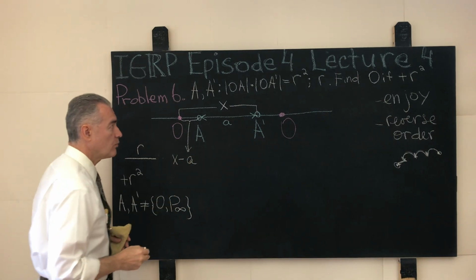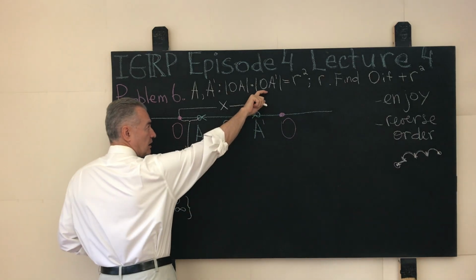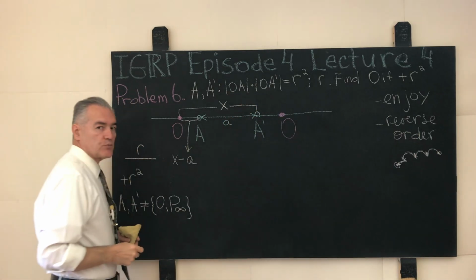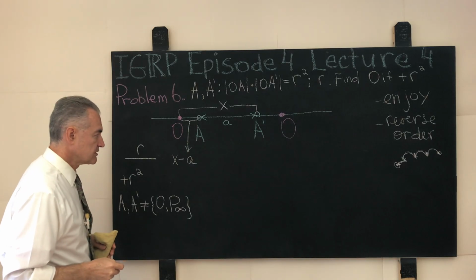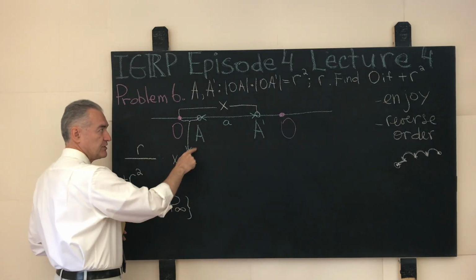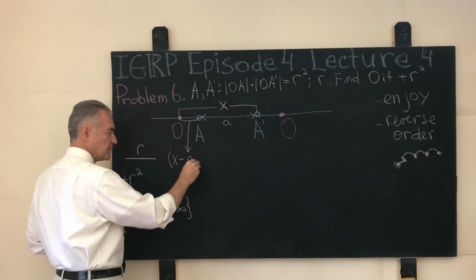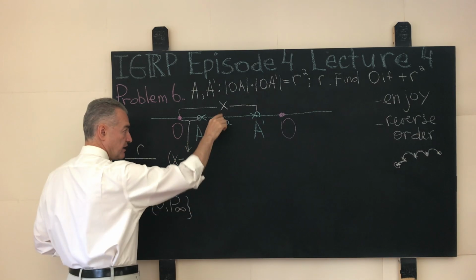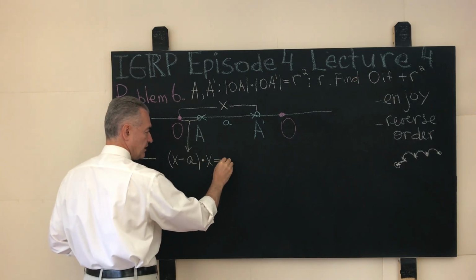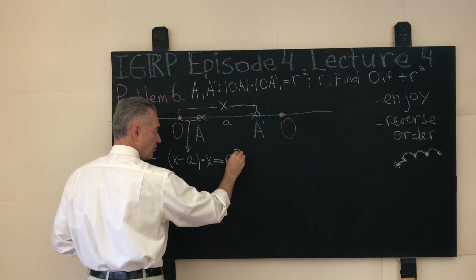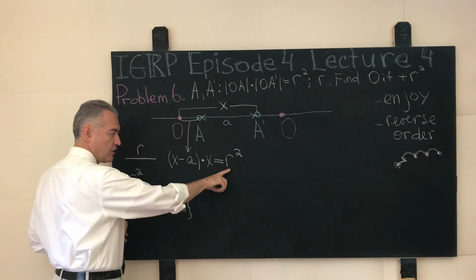And we now go back to our workhorse formula, and what do we state already in terms of the material that we introduced? Well, the product of these distances, x minus a times x, must be equal to the square of the radius of inversion, r squared.